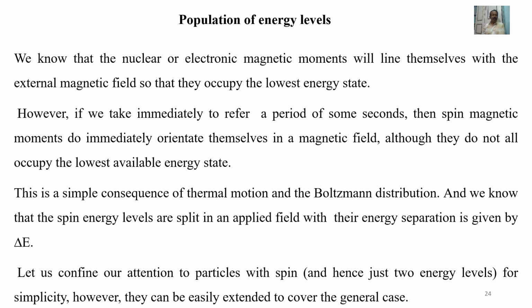We know that the spin energy levels are split in an applied field, where the energy separation is given by del E. Let us confine our attention to particles with spin having just two energy levels. For simplicity, however, this can be easily extended to cover the general case.